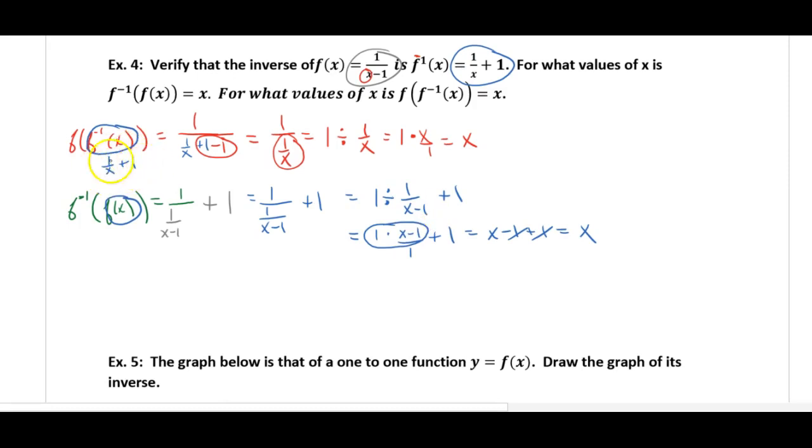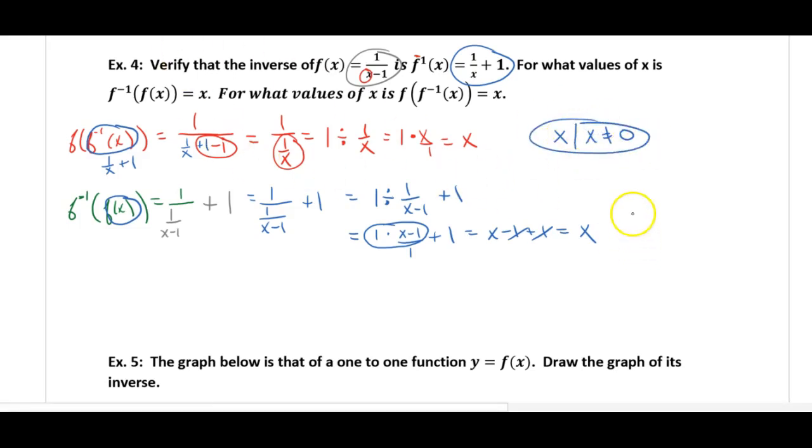If we look at where this function does not exist, it does not exist for the x value 0, because what would 1 over 0 give me? It would be undefined. Therefore, we have to exclude the values x such that x cannot equal 0. That's for the first part.